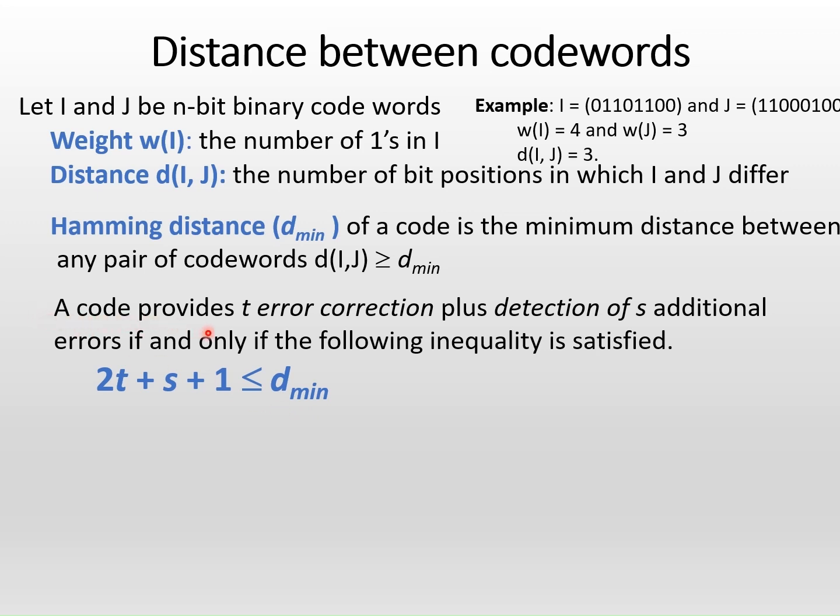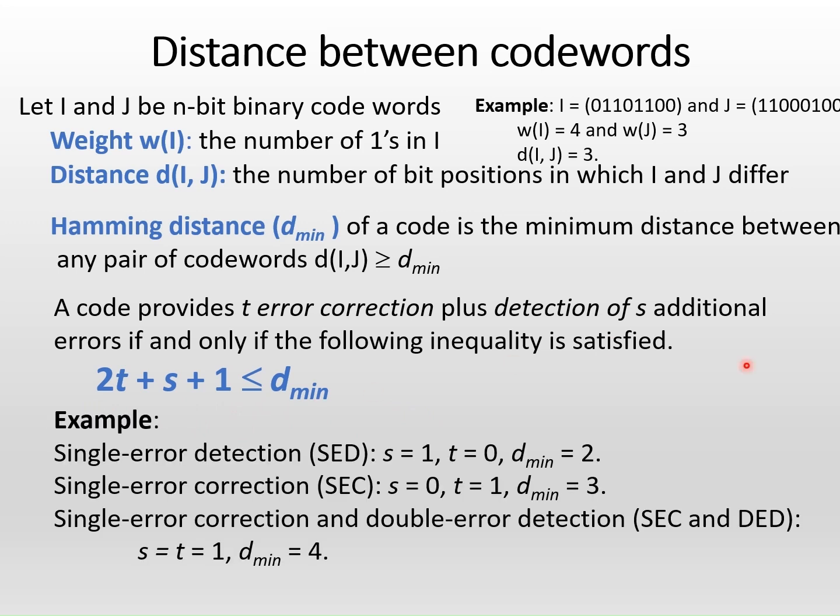So a code provides t error correction plus s error detection only, if and only if this inequality is satisfied.